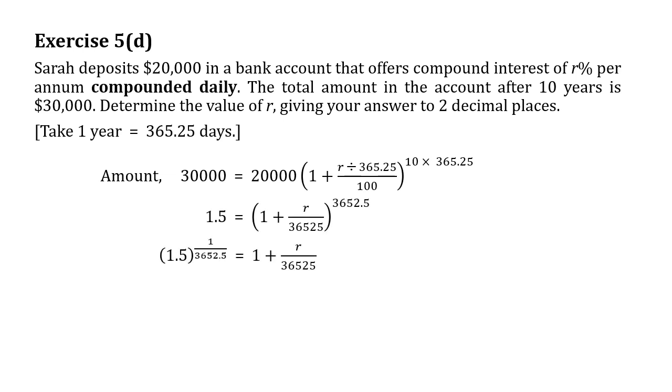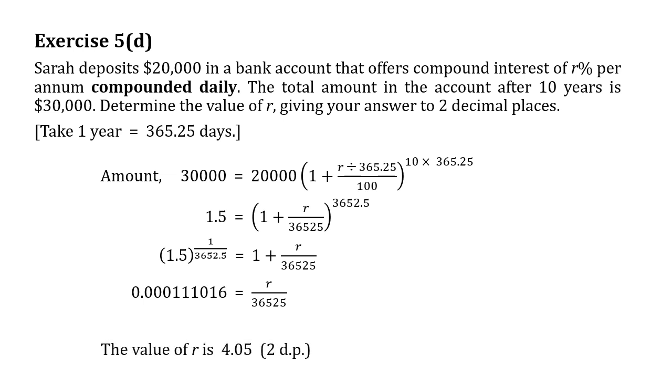This time around, because we are trying to calculate R, notice we have to take the certain power, right? So this time around, when you take to that power, what shows up is a fraction 1 over 3652.5. And the value of R you get is 4.05.